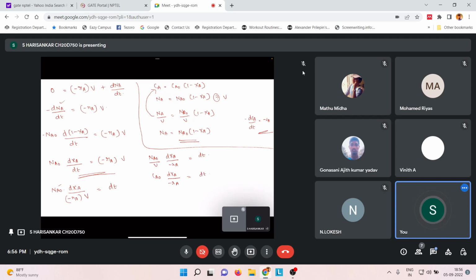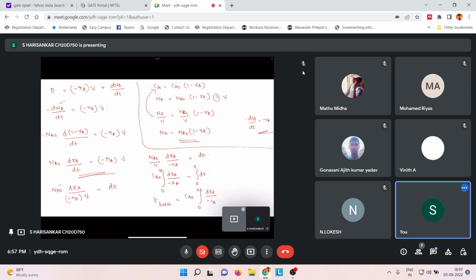Now we just have to integrate this. So this will be the integral 0 to Xa, and this will be 0 to time t. The right hand side, integral 0 to t of dt, is t, so we can write it as t batch is equal to Ca0 into the integral of 0 to Xa dXa by minus Ra.